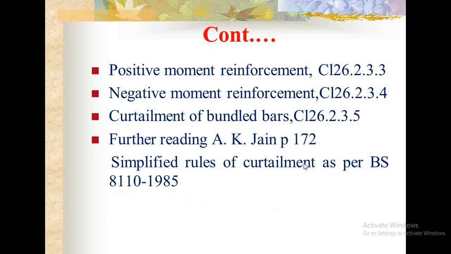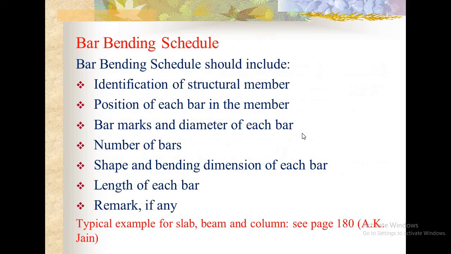Positive bending moment reinforcement has to be provided as per IS clause 26.2.3.3, and negative moment reinforcement as per clause 26.2.3.4. Curtailment of the bent up bar as per clause 26.2.3.5. Okay, you need to go through these lines in IS 456.